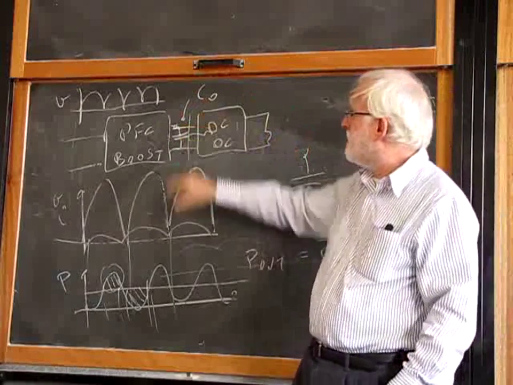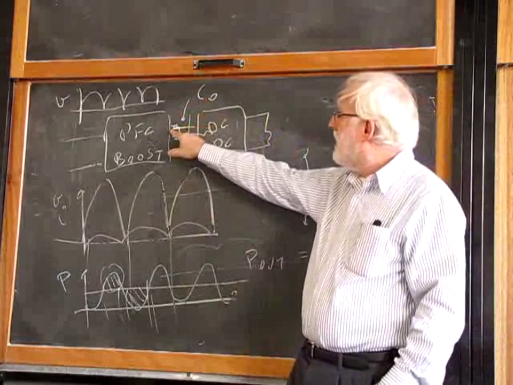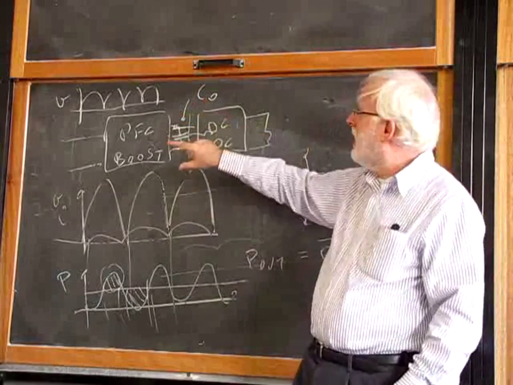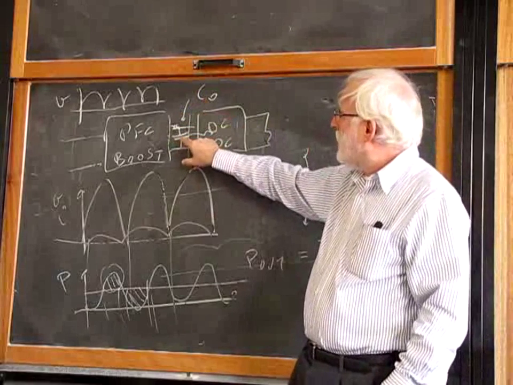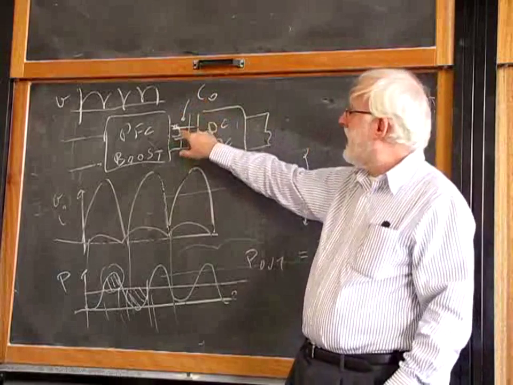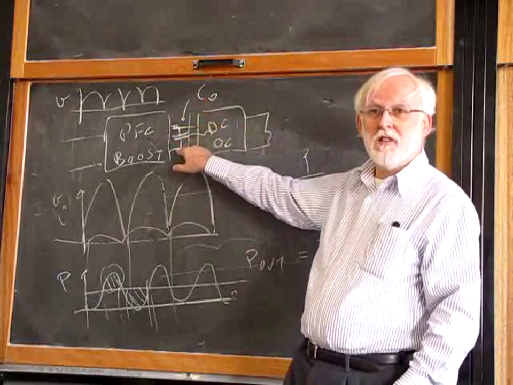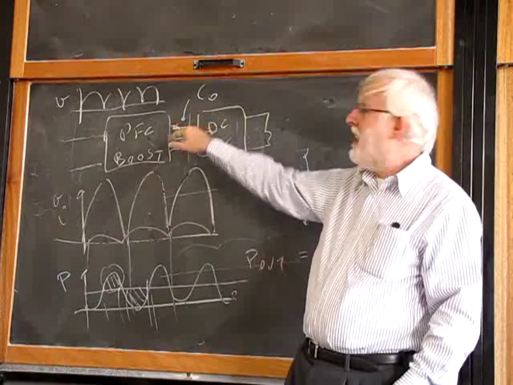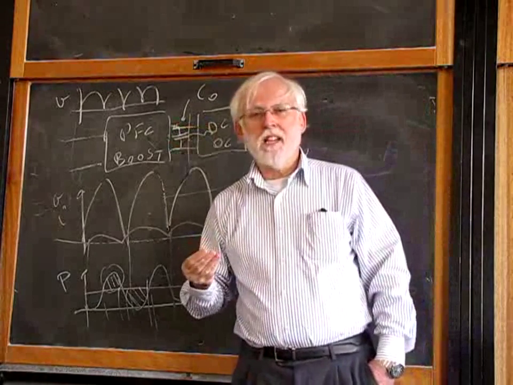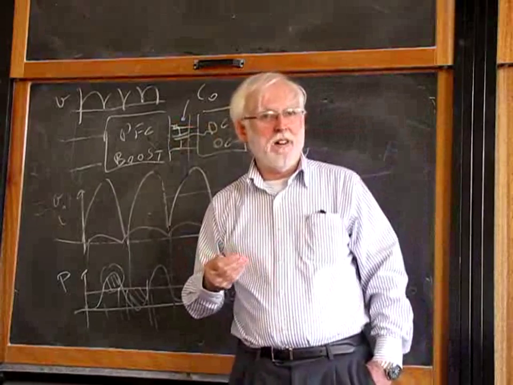If the voltage is almost constant, you have a current that is sinusoidal. I have a current that goes into my DC to DC converter that is basically constant, and so the extra current must go to the capacitor, it must come out from the capacitor. And instead of using power and energy, you can use current and charge. It's exactly the same story.